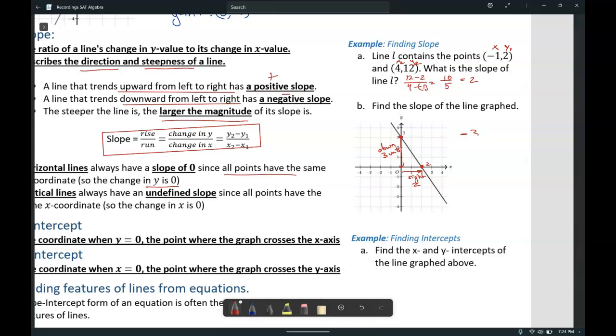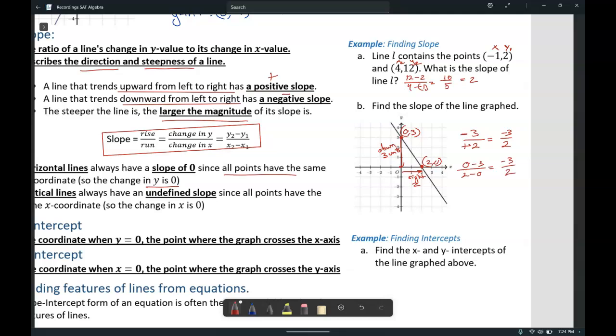So we'll go down 3 and right 2, giving us a slope of -3 over 2. We could also use the ordered pairs that are here with our slope formula to reach the same conclusion. The points 0, 3, as well as 2, 0. We can plug in y2 minus y1 over x2 minus x1, and we end up getting the same exact value.